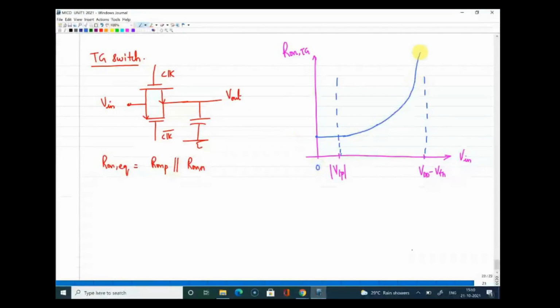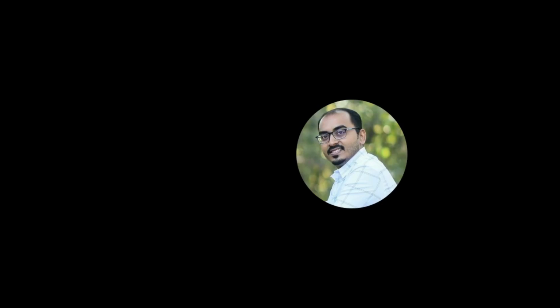And for a PMOS switch, it is almost like the opposite. So in combination, what you will have will be something of this type, right? I'll mark this as R on of P, this as R on of N, and this as R on of the transmission gate.